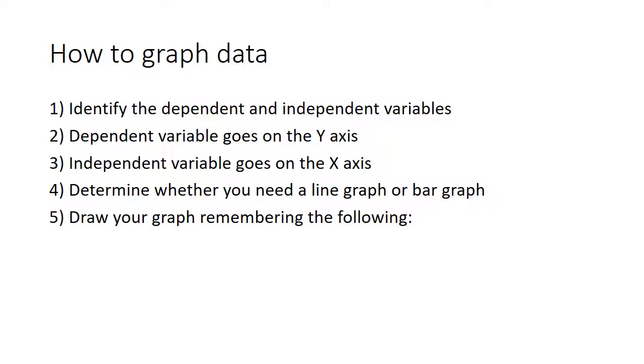Also, don't forget where 0 is on your graph. So where the y-axis and the x-axis meet, that will be 0. So make sure that whenever you're graphing your data, you put it in sequence or in reference to 0. You also will need to make sure that you know what a key is for a graph.